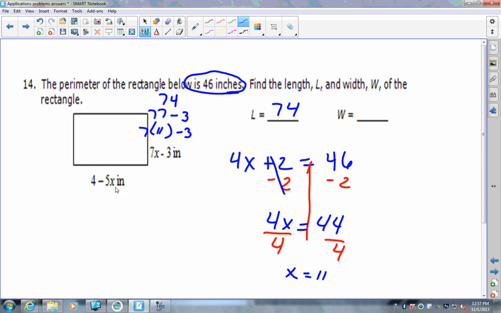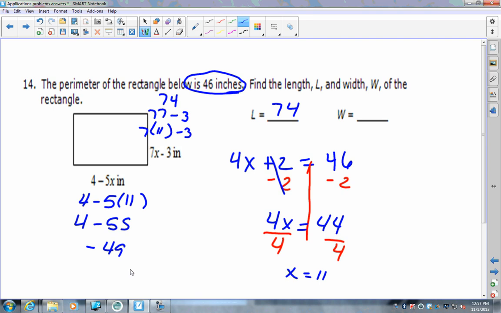Now, on this next one right here, it says 4 minus 5 times x. X is 11. So here I've got 4 minus 55, and that would be negative 51.